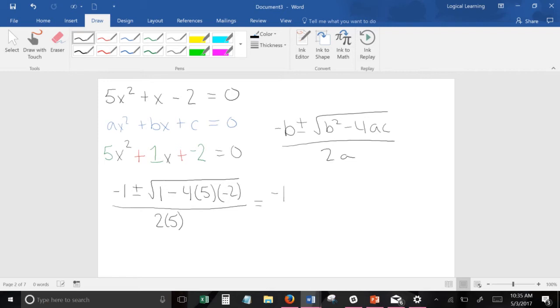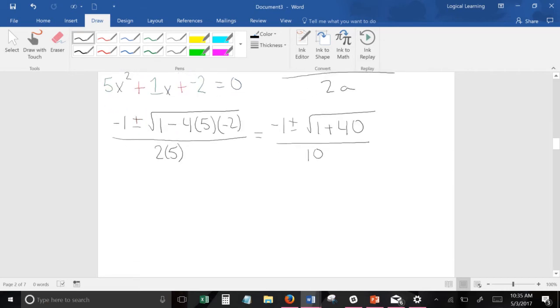This is going to give us negative 1 plus or minus the square root of 1 minus, well, 4 times 5 is 20, and 20 times negative 2 is going to be negative 40, but minus negative 40 is really plus 40, all over 10. And this will give us our solutions of negative 1 plus the square root of 41 over 10 and negative 1 minus the square root of 41 over 10. And these are our two solutions to the quadratic equation.